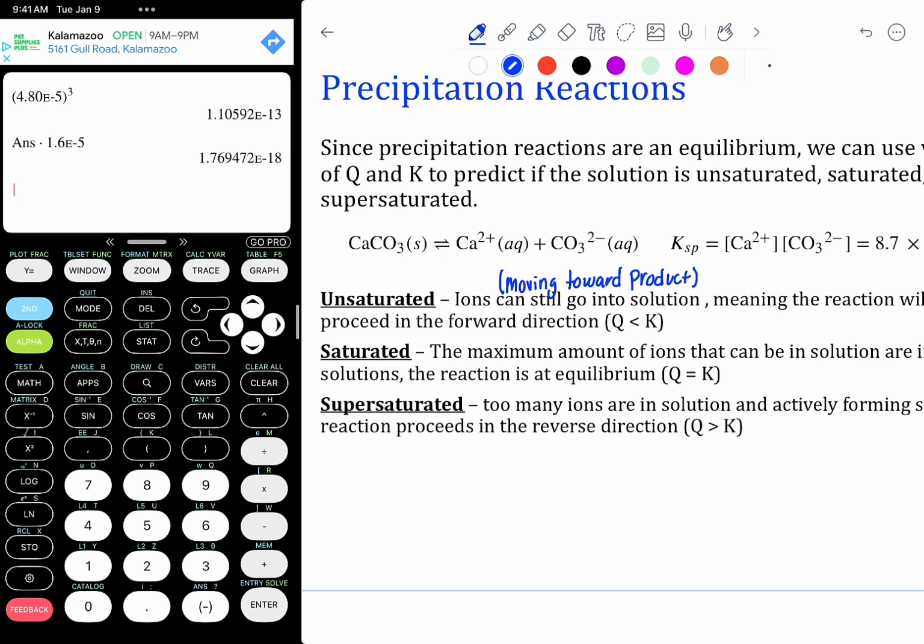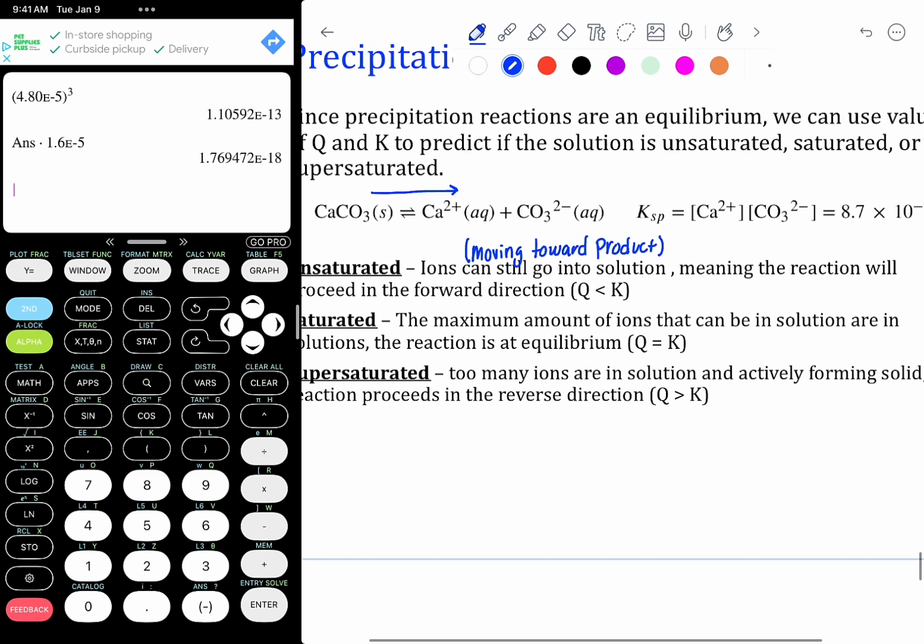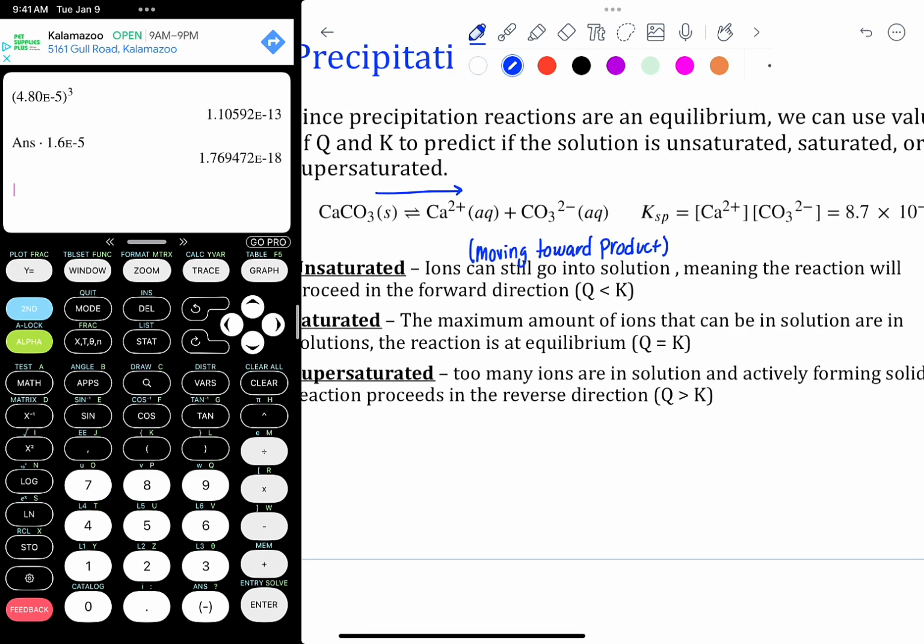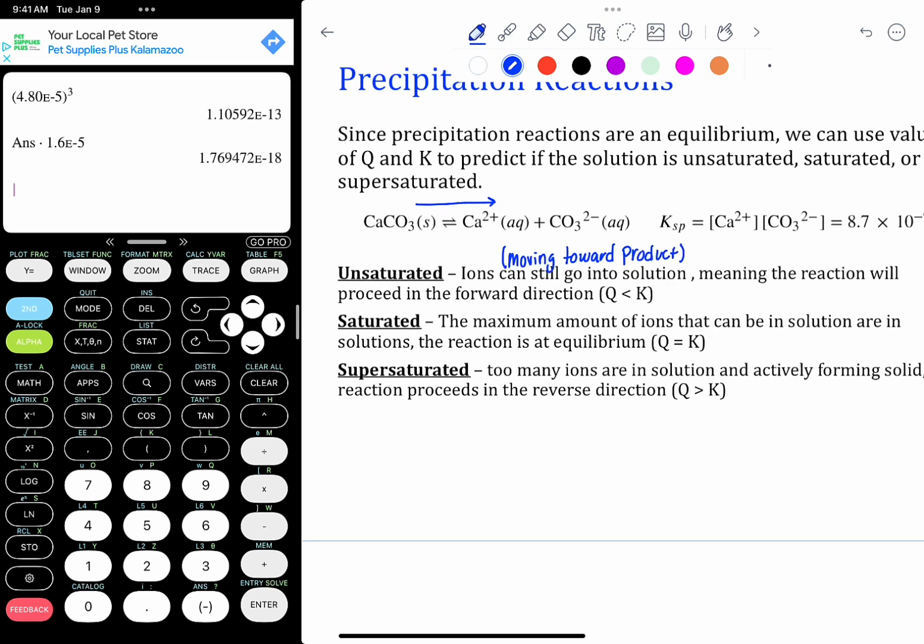Okay, so if I can still create ions, that means I'm moving from my reactant to my product. So this means the reaction will proceed in the forward direction, which corresponds with what we already know about our relationship between Q and K. When Q is less than K, then the reaction is going to proceed in the forward direction, favoring the products.